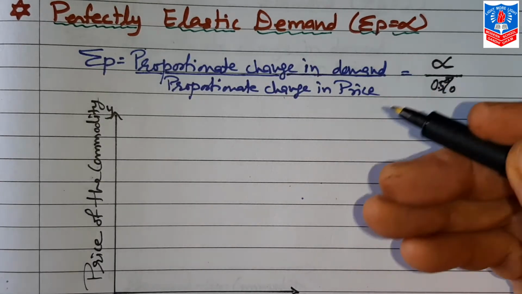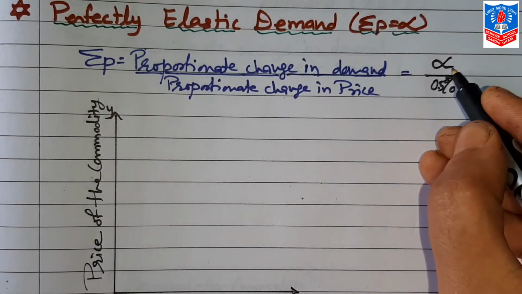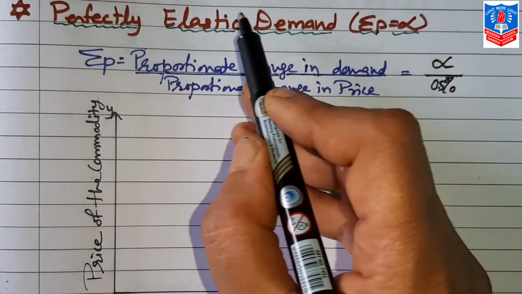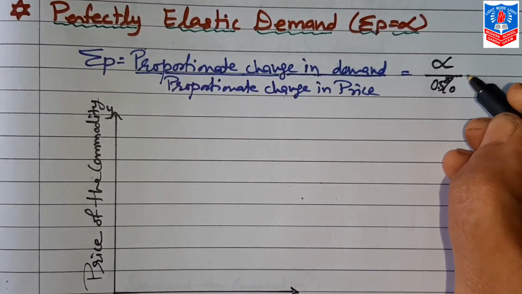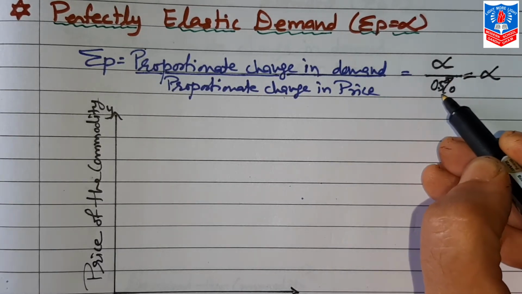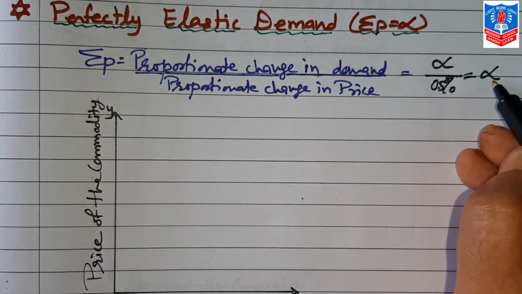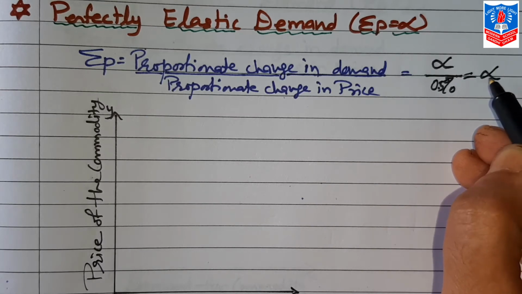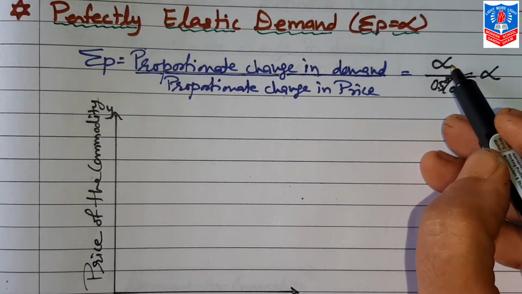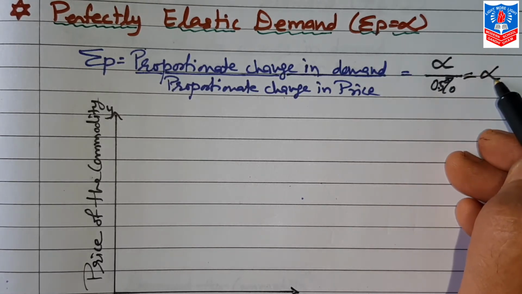We cannot say up to what extent demand reaches. So when you divide infinite by any number, it comes infinite only. That shows that because of a little change in the price, either increase or decrease, there is an infinite change in the demand, and that is known as perfectly elastic demand.